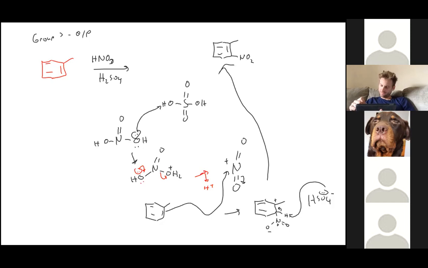You could also have it, because we're dealing with an ortho-para director, add to our para position. The other way we can draw these, if you draw this fully out, it'll look something like this.